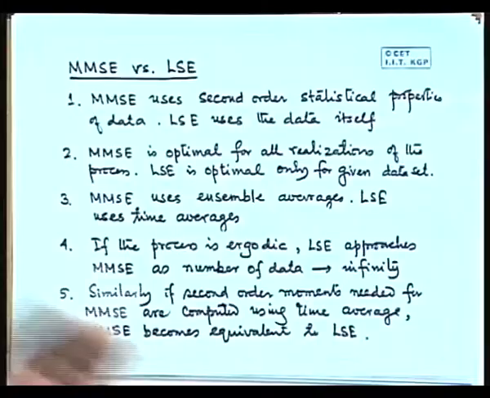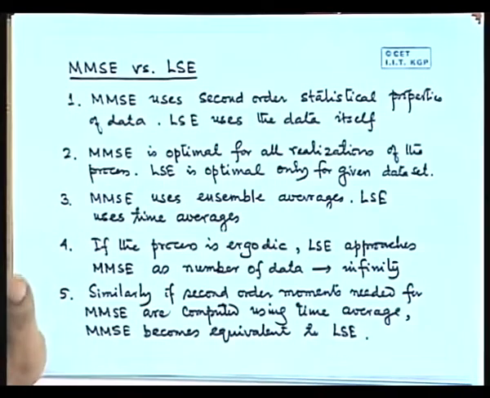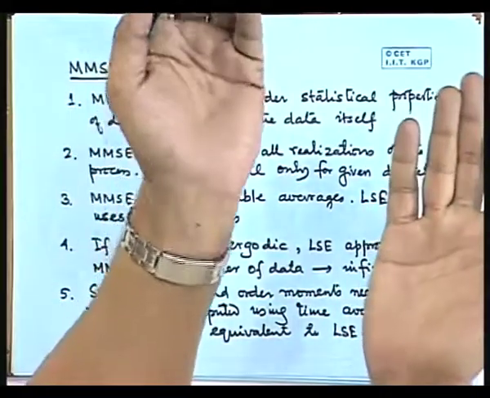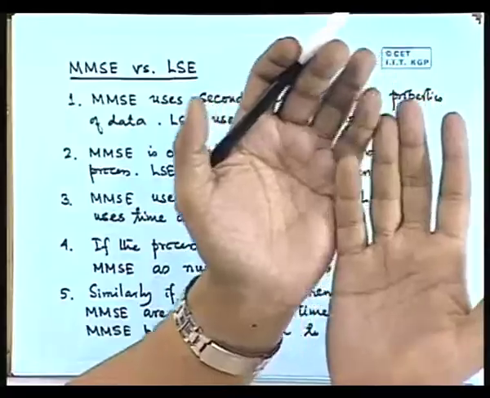So once we understand this basic concept, we can realize these points. For example, obviously if we are talking about the whole stochastic process, that is all realizations, and we want to obtain a solution which will be optimal over all possible realizations without talking of a particular data set, then naturally I have to know the property of the stochastic process itself.